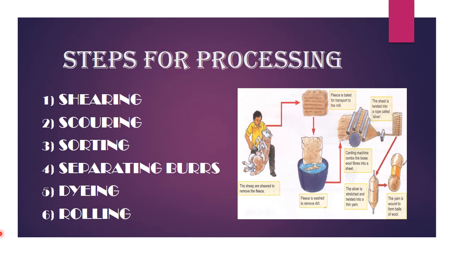But during the shearing process, the animal does not get hurt because the hair is just like our nail. The pain is not felt by the animal, so it does not hurt the animal as in the case of chiru.